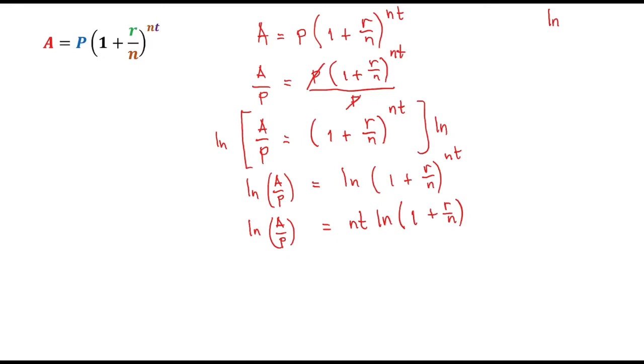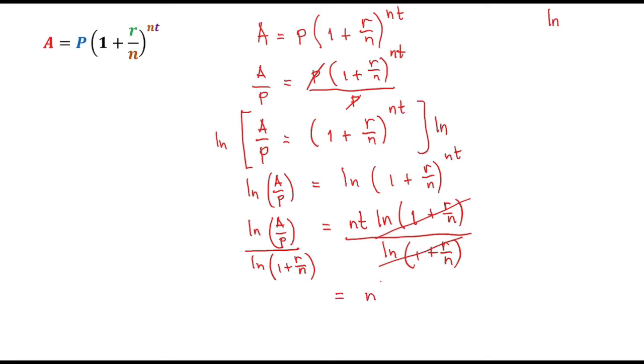Now we only need T, so we can divide both sides by ln of 1 plus R over N. Cancel these two.